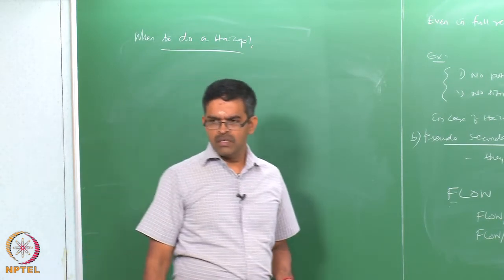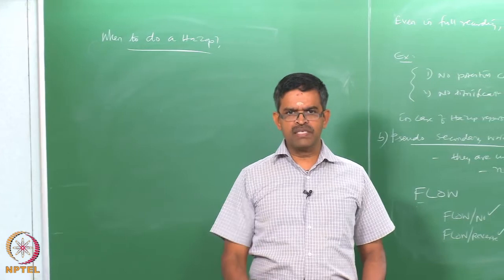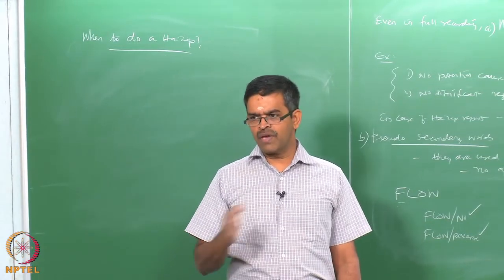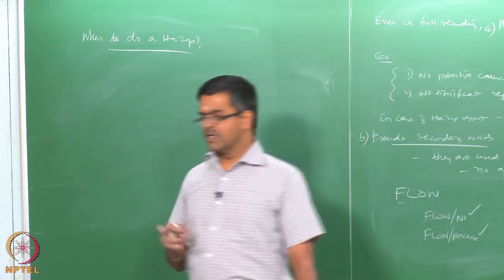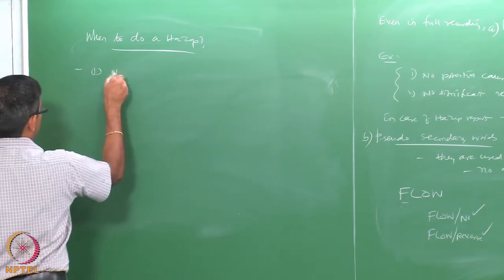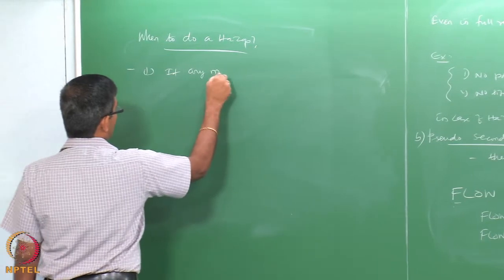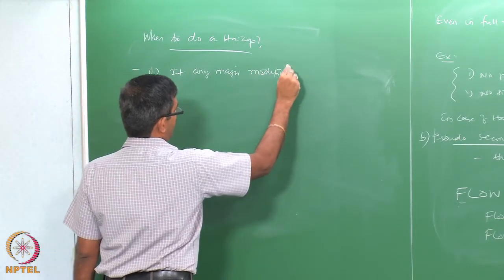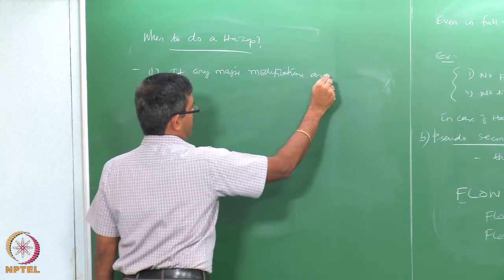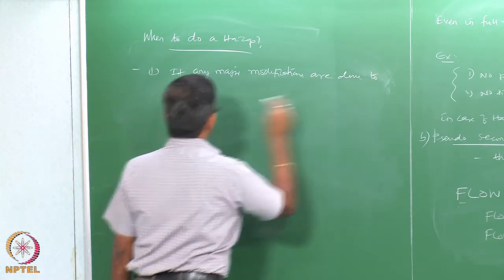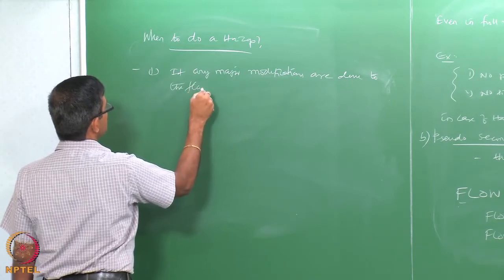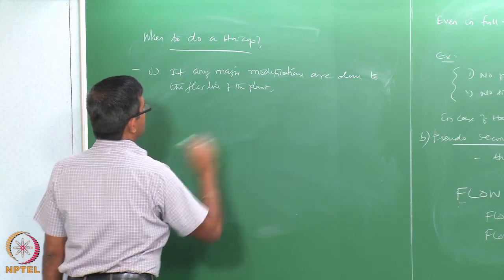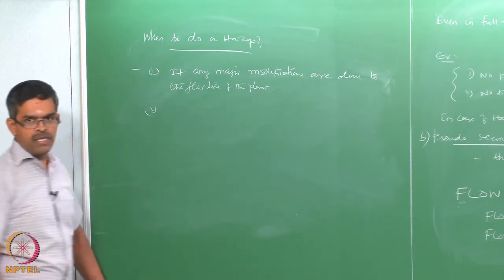In particular, if there are major deviations present or they are made in any recent modifications of the plant, then Hazop should be conducted. So, one, if any major modifications are done to the flow line of the plant, then one should do a Hazop report, Hazop study.